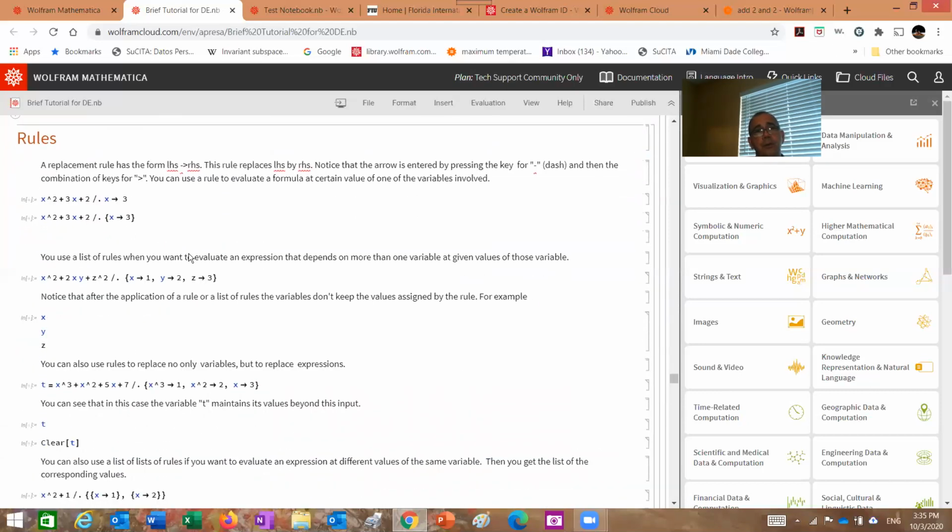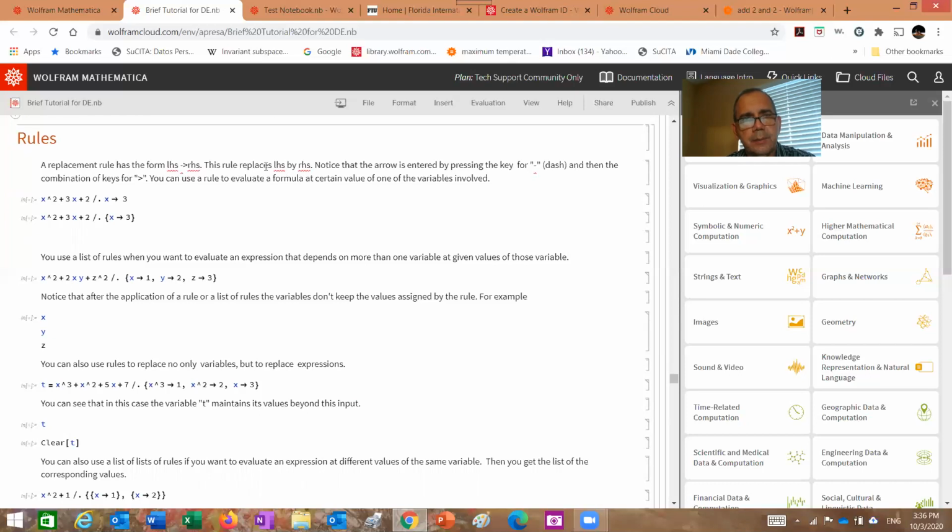Now we're going to move to the next topic, which is about rules. A replacement rule always has the form LHS, or left side, becomes, is replaced by the right side expression. The left side expression is replaced by the right side expression.